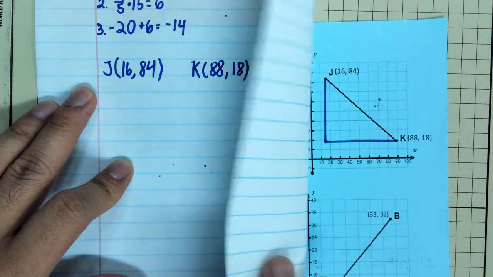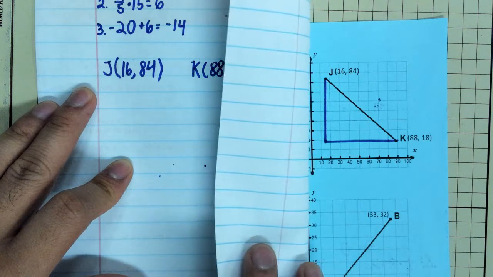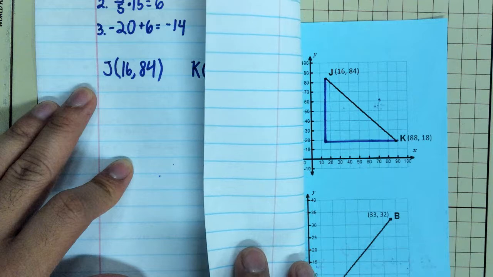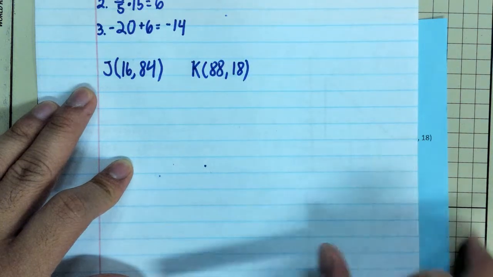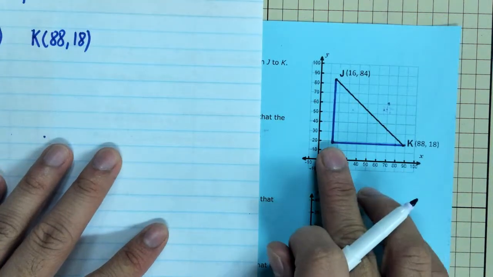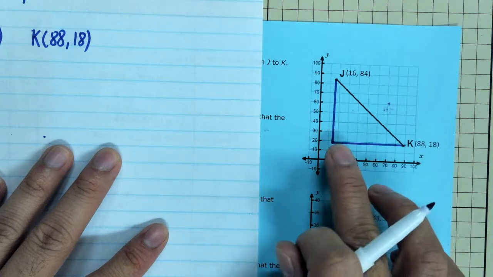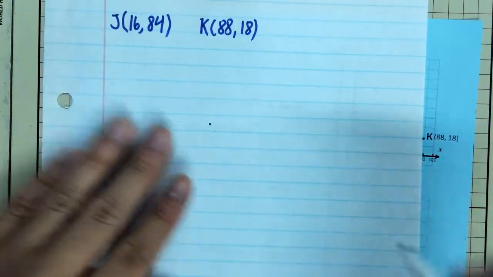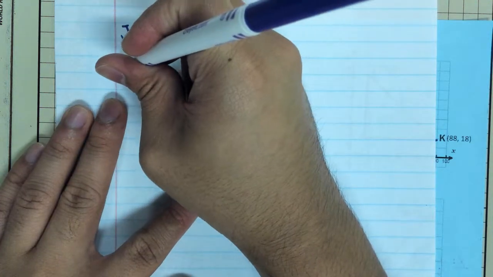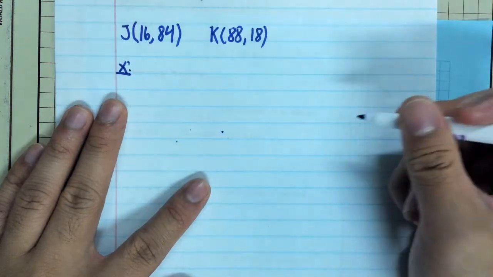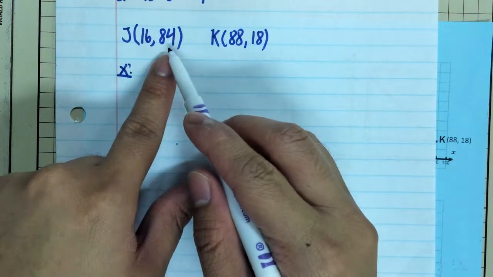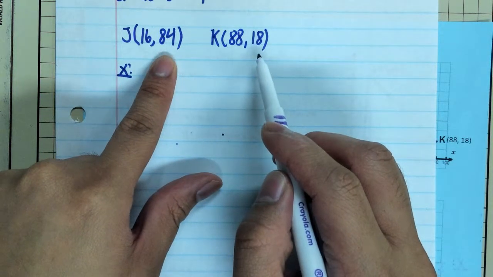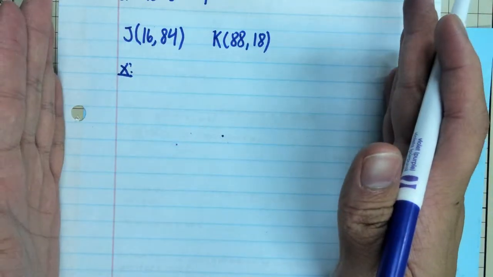So now we need to look at the fractional distance for both sides. Let me start with the x first, moving to the right. How far did J move to the right to get to K? I'm starting with the x side first. So I'm starting at J, I'm ending at K. How far apart are the two numbers?